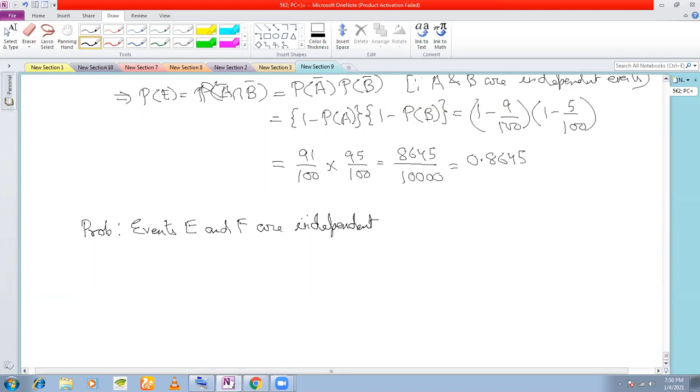Find PF if PE is equal to 0.375 and P of E union F is equal to 0.6. Right? Now, can you say how to solve this? This is a very simple problem.